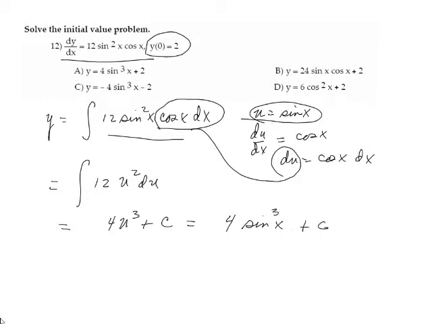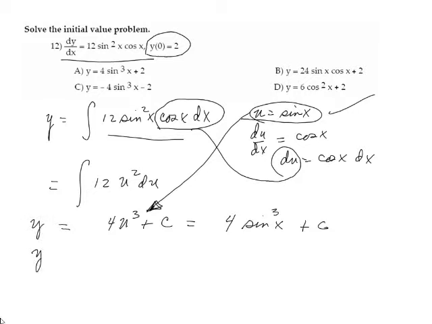Notice we just take u and replace it back. So replace sine of x back into u, and we get 4 sine cube of x plus a constant. So this is a function for y.